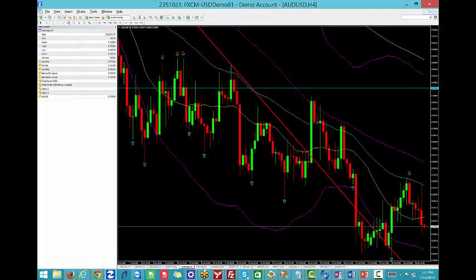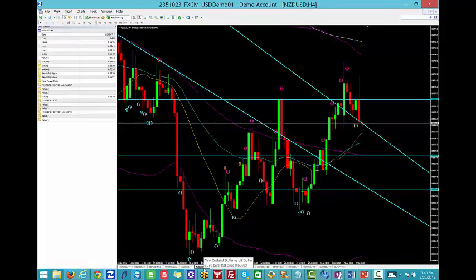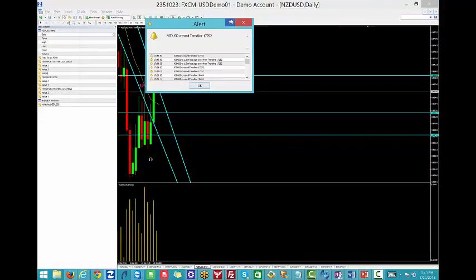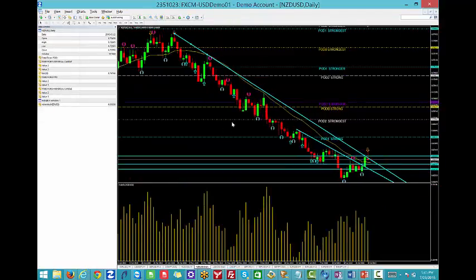The New Zealand dollar is kind of tricky here. We have a beautiful reversal candle on the daily, and we're looking for a sell off of that. If you look here on my daily chart, you see this beautiful reversal candle bouncing off areas of support and resistance.